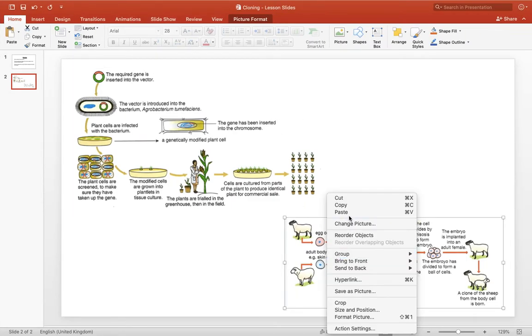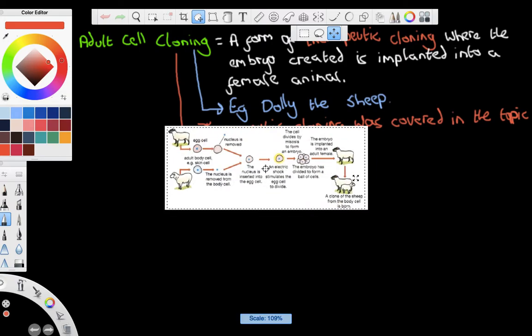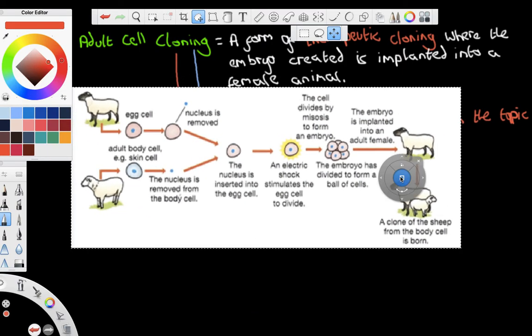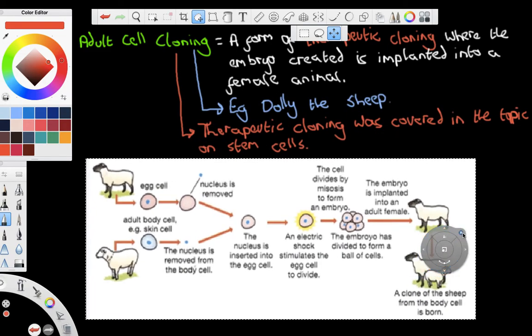Now, to help us understand adult cell cloning, I've got this diagram ready for us. Essentially, what happens in adult cell cloning is we get an organism and we remove an egg cell from it and remove the nucleus. Now, we can also take a cell from the organism we want. So this is the organism that has the characteristic that we want.